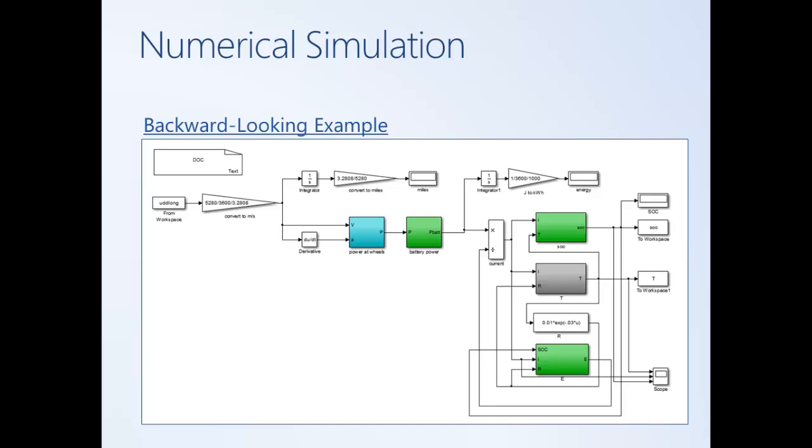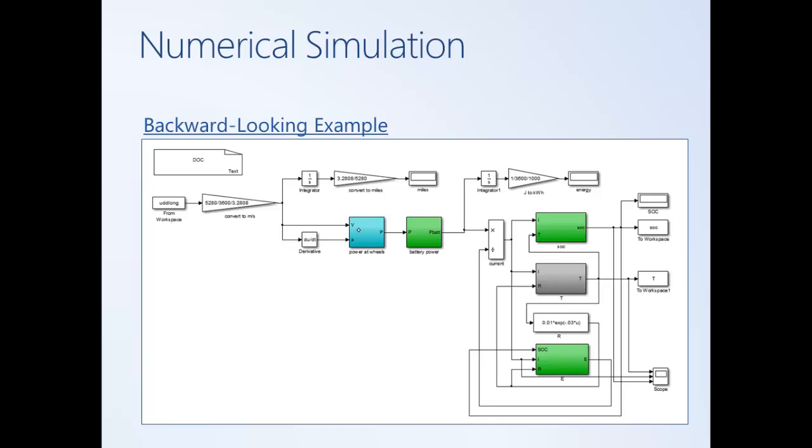Here's an example of a backward-looking simulation. This may look familiar to you if you've taken the batteries course, but the way that it works is it starts with an input from the drive schedule. So basically this is generating velocity outputs as a function of time.